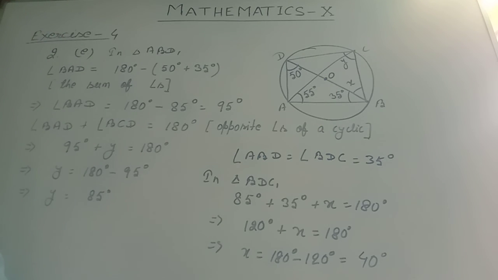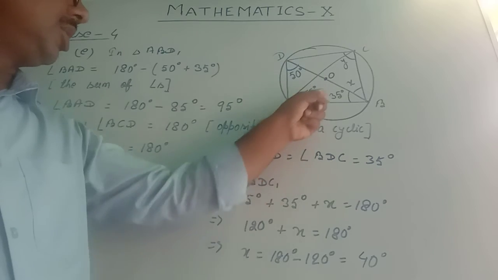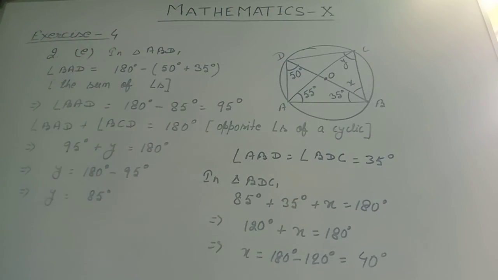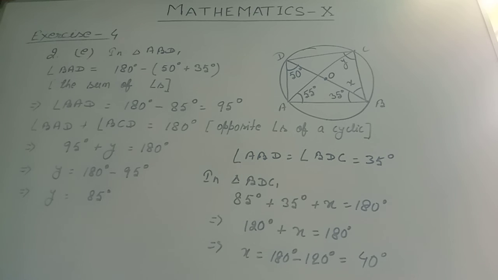For that, this became 85 degree, this is 35 degree. 85 plus 35 plus x equal to 180 degree. The sum of angles of a triangle equal to 180 degree. Therefore, this two sum became 120, plus x equal to 180 degree, and x equal to 180 degree minus 120 degree. This being 60 degree.